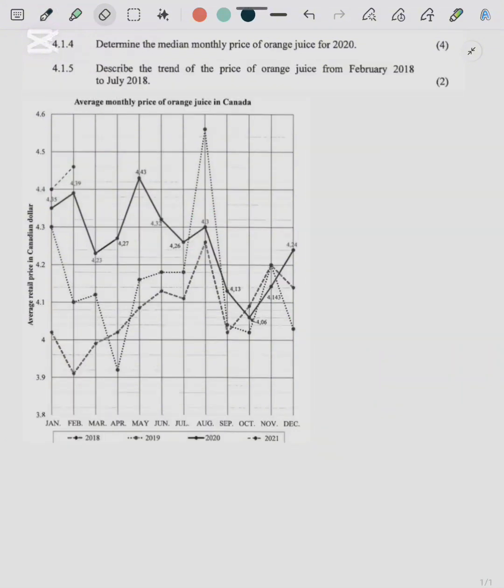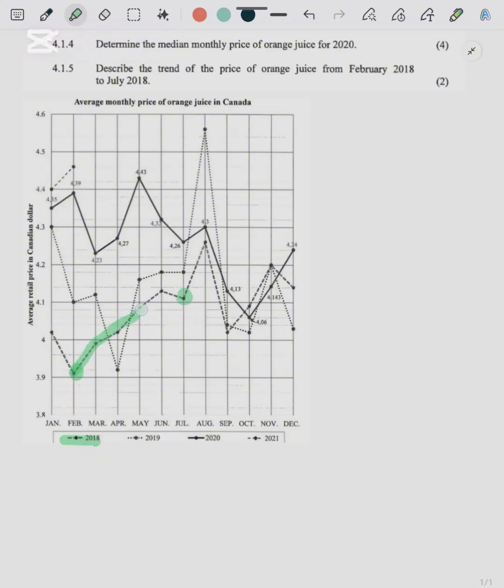Alright, 4.1.5 asks us to describe the trend in the price of orange juice from February to July 2018. So first, let's go look at our graph and see what's happening here. So February 2018 is the dotted line, starts over there. And we're going to go all the way to July, which is over there.